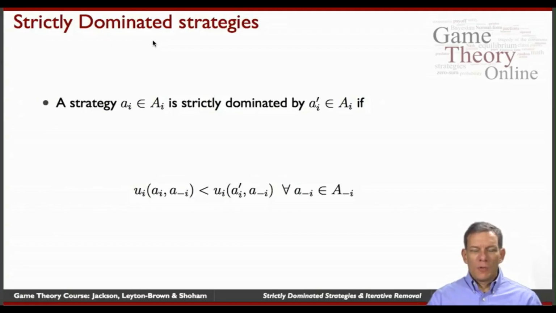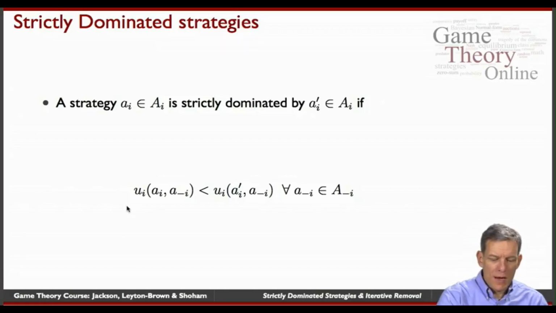So in terms of formal notation, what are we saying here? A strategy a_i for some player i is strictly dominated by some other strategy of the same player, a'_i, if the payoff that the person gets from playing a_i, the one that's strictly dominated, is strictly lower than the payoff they would get by playing a'_i, no matter what the other players do. It's important that this is a strict inequality.